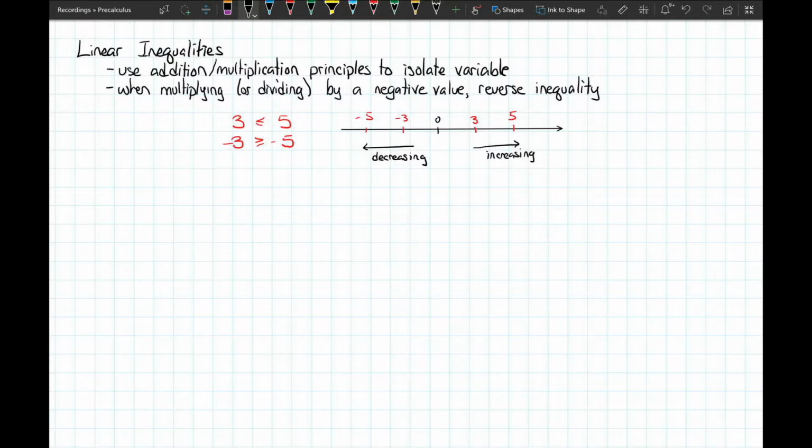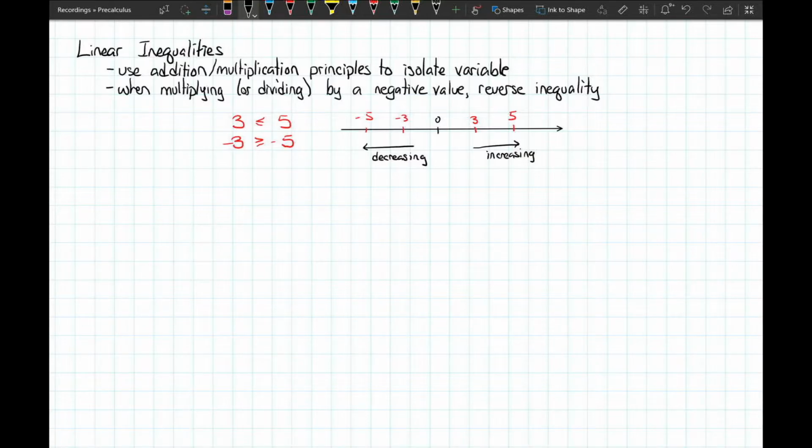So we can just use the basic addition and multiplication principles to isolate the variable. The only trick here is that when you're multiplying or dividing by a negative value, you have to change the direction of the inequality. That's really because of the way we organize numbers on the number line, where the magnitude of the value increases both to the right and to the left.